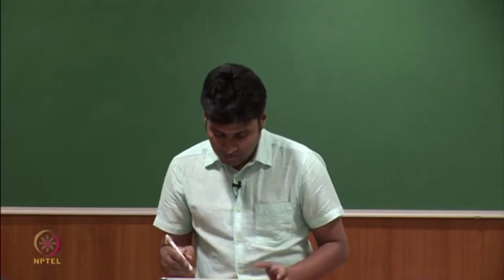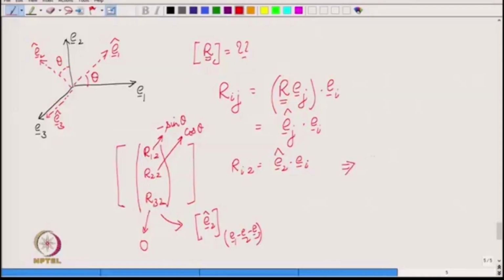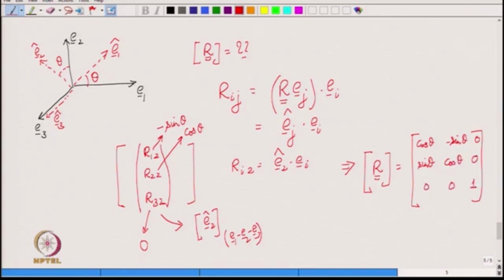So, when you work everything out, you will finally see that the rotation matrix is simply cos theta, minus sin theta, 0; sin theta, cos theta, 0; 0, 0, 1. The third column is simply 0, 0, 1 because E 3 hat is the same as E 3.